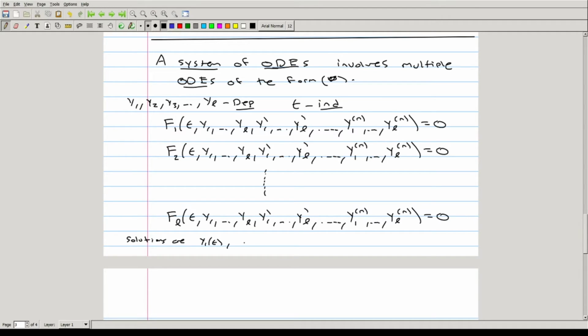So we can solve for y1 of t, y2 of t, all the way up to yl of t, where I'll call this a double star. This is our system of differential equations, which are satisfied for all t in some interval I, say.